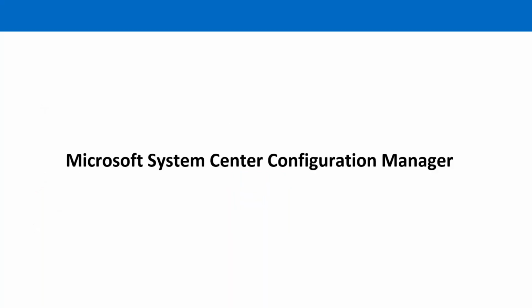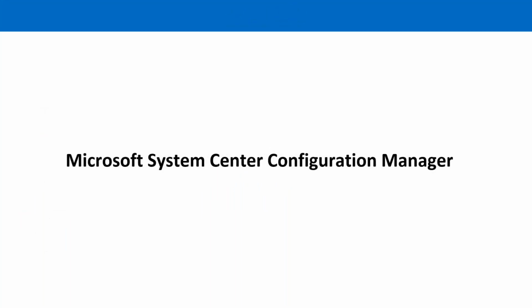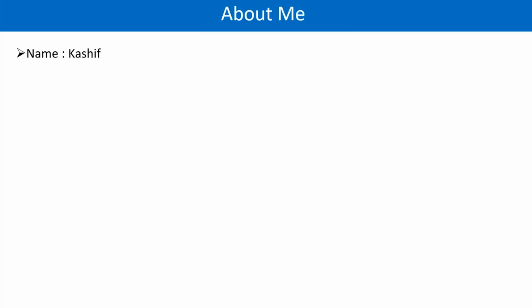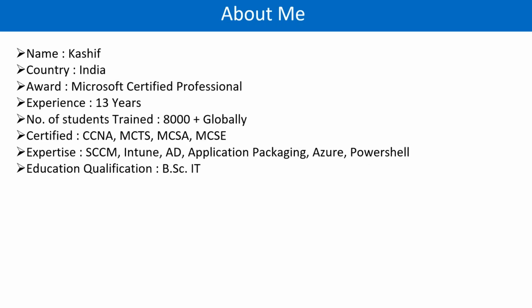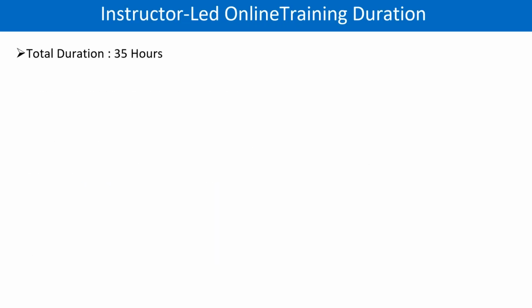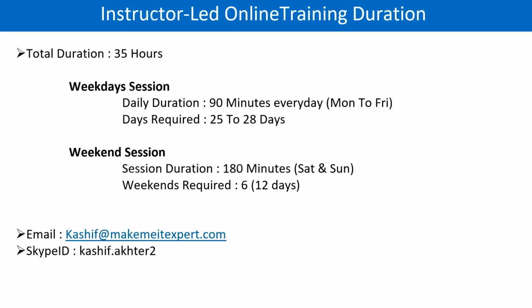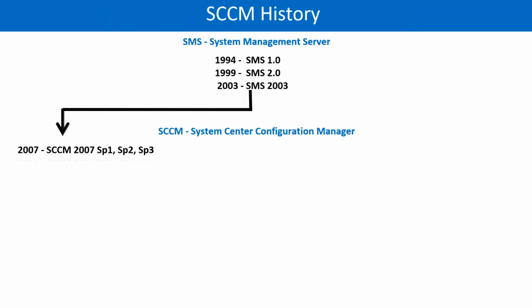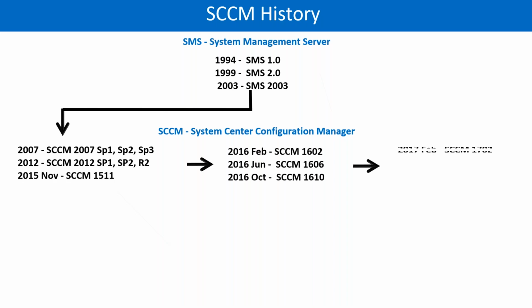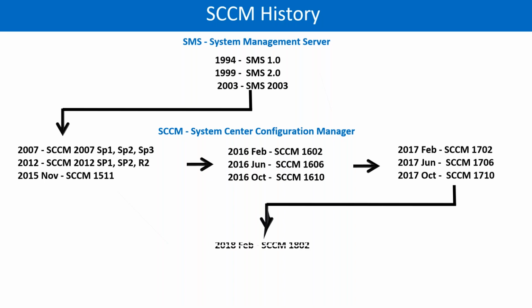Yesterday we discussed a few things. Let me take you to the slide. We discussed the historical details of SCCM, when SCCM started, what versions were released by Microsoft, and what the latest version is.